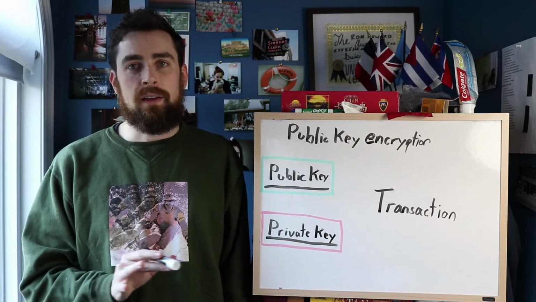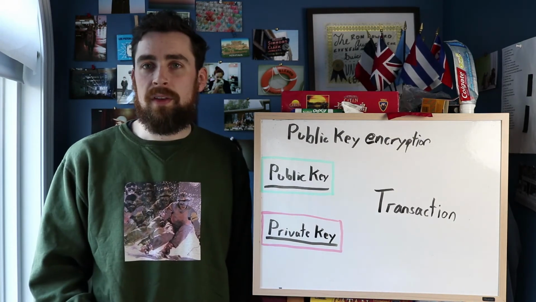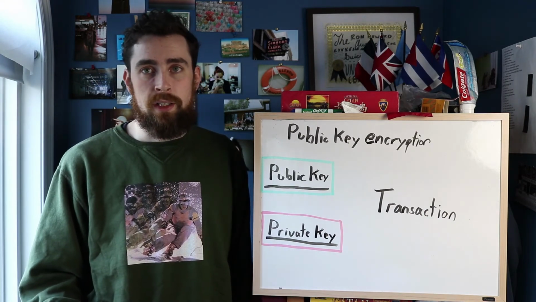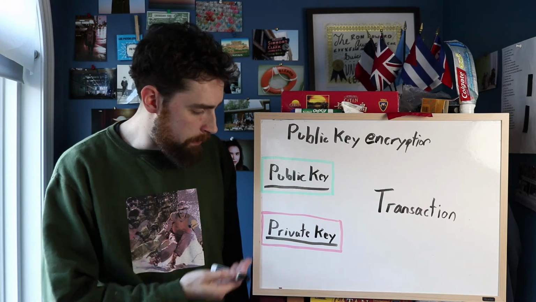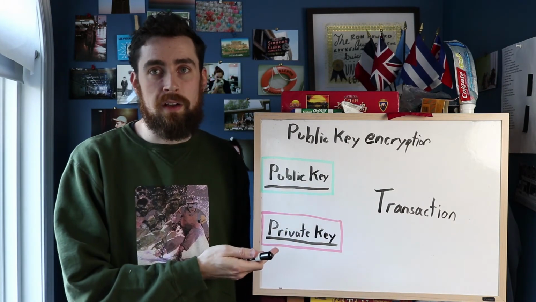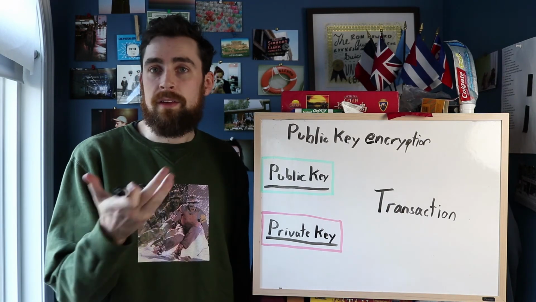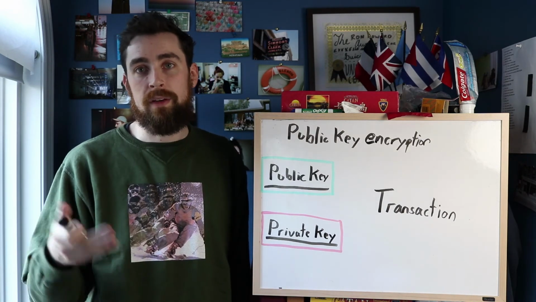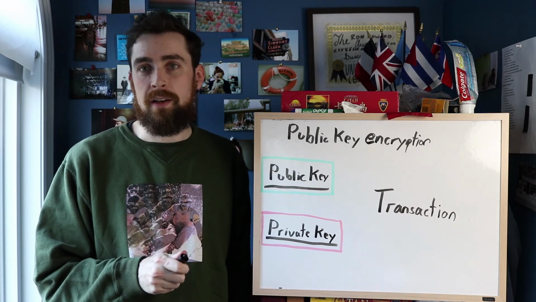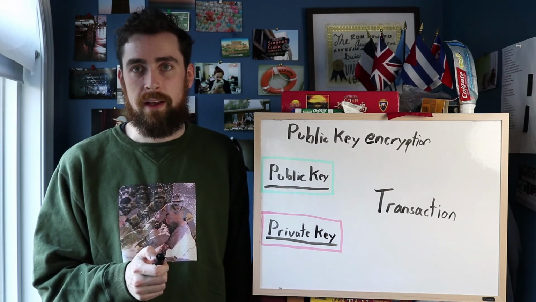Now we get to the idea of signing a transaction, and you may already be able to see where this is going. Essentially, when you're signing a transaction, you are using your private key to encrypt parts of the transaction. I'm not going to get into exactly the structure of what and how it is encrypted within the transaction, because it gets extremely complicated and technical, and I could probably spend 30 minutes breaking that down.